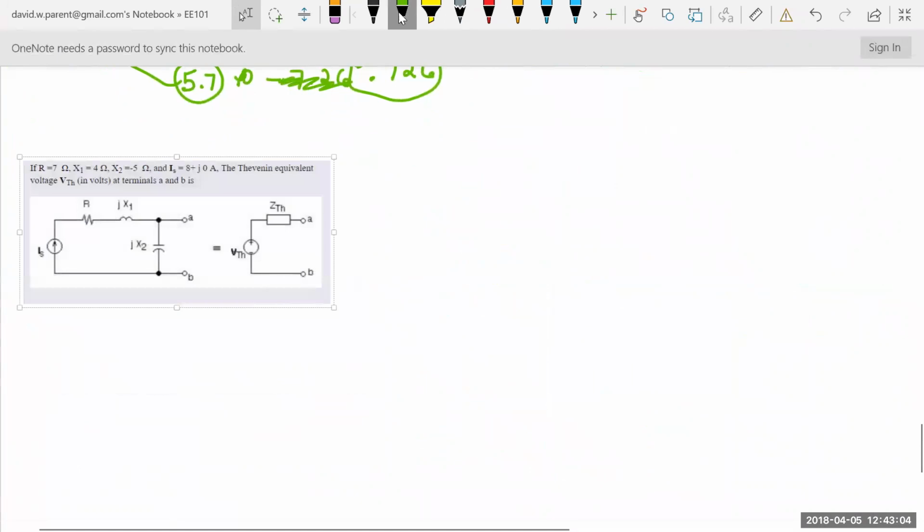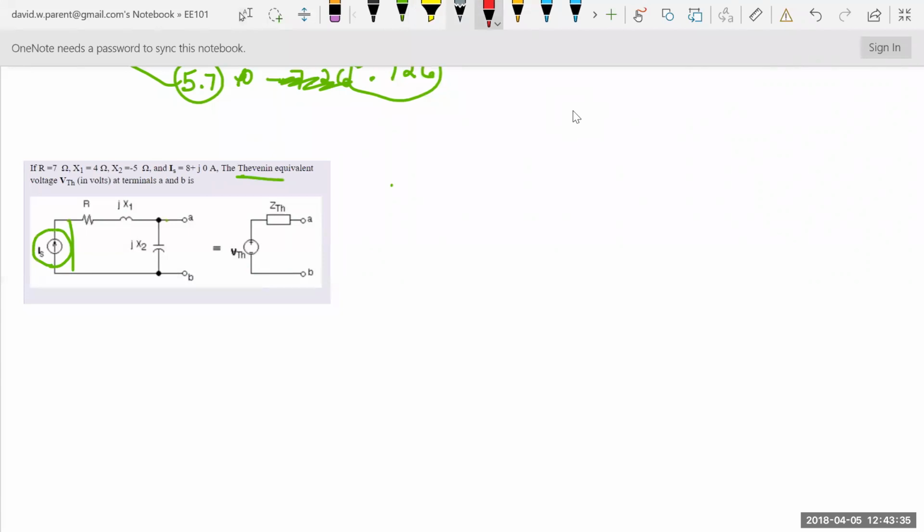Now here we want to find the Thevenin equivalent, but we've got a current source. You might forget it's a current source and say, oh, that's just voltage division. No, that's to find the voltage. What you might think is, oh, short this, and then this will be in parallel with that.